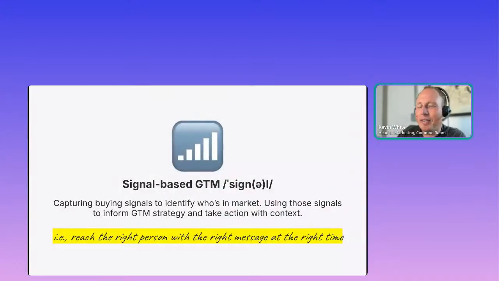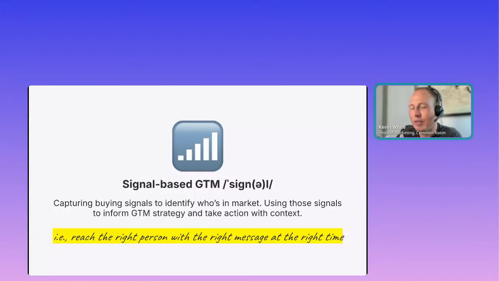Okay, so I want to set the stage: what is signal-based go-to-market or signal-based selling? I like to think of it as capturing buying signals to identify who, and that's important, who, what account, what person is in market, and then using those signals to inform your go-to-market strategy and take action with context of the signal.